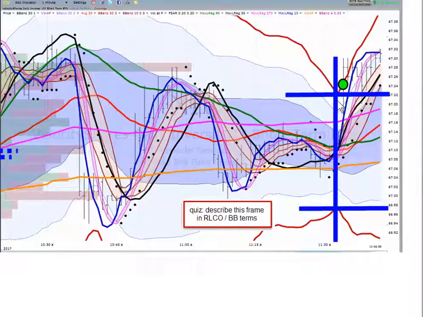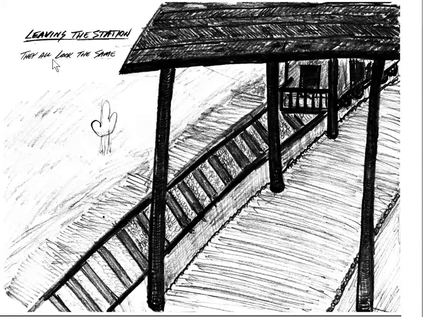We let the market action trigger the criteria to get our second, third, and in this case, fourth position in. And we worry about managing our risk as opposed to trying to predict which one of these is going to work. So we get surprised into that position rather than trying to predict that position. That's what we mean by they all look the same leaving the station.